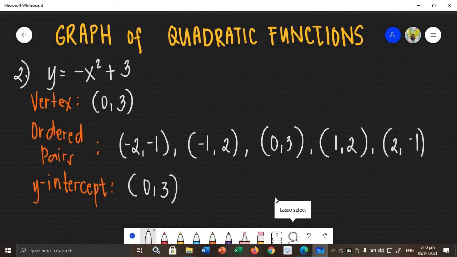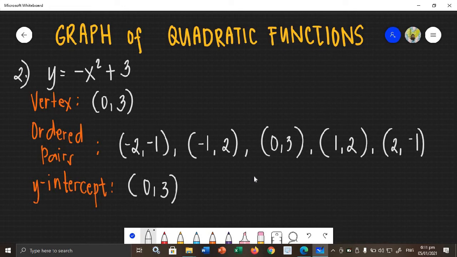A while ago, I'm not quite sure if the origin can be considered as y-intercept or x-intercept, because it is at the origin. If I'm not mistaken, I think it's different, no? Because it is at the intersection of the x-axis and y-axis.